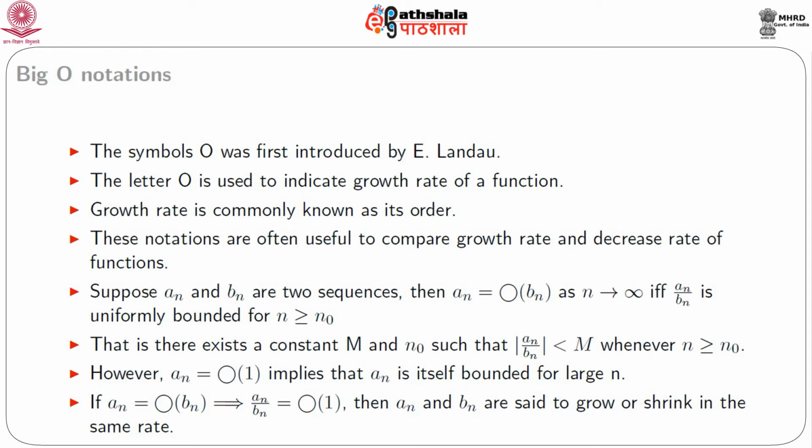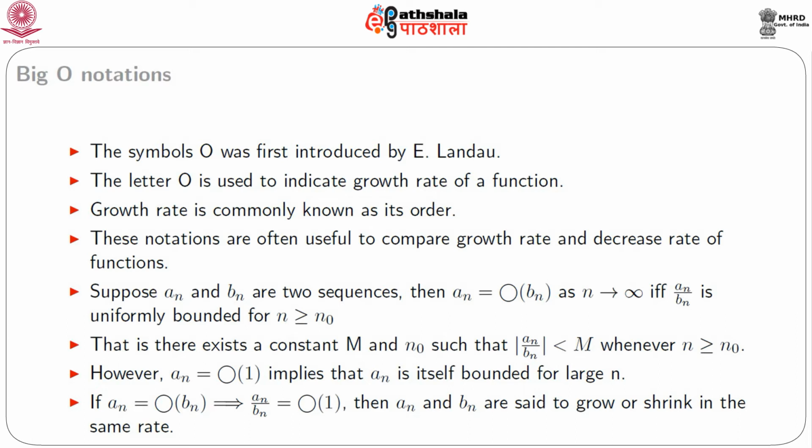Suppose a_n and b_n are two sequences. Then a_n equal to big O of b_n as n tends to infinity if and only if the ratio a_n by b_n is uniformly bounded for n greater than or equal to n naught. That is, there exist a constant M and n naught such that modulus a_n by b_n is less than capital M whenever n exceeds n naught.